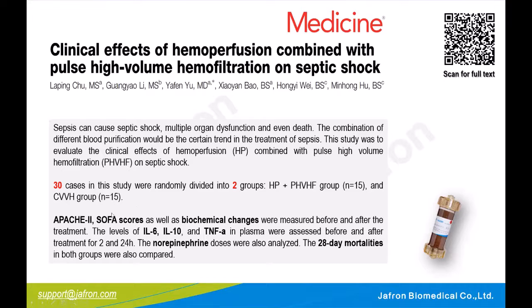So a lot of parameters were evaluated, such as the APACHE II and SOFA scores, the biochemical changes of the patients, and also the cytokine levels, and the patients' hemodynamics was analyzed according to the vasopressors. What's more, the 28-day mortality was compared in these 2 groups.